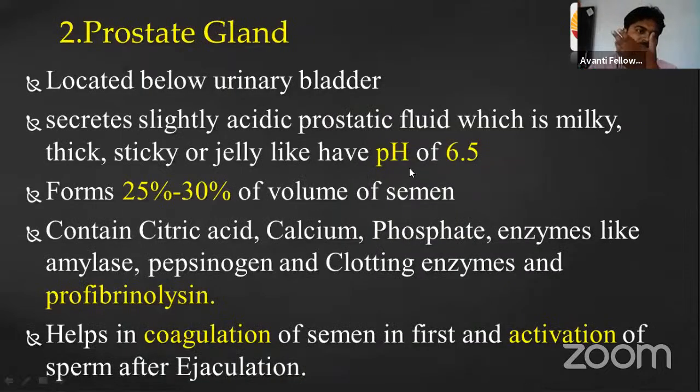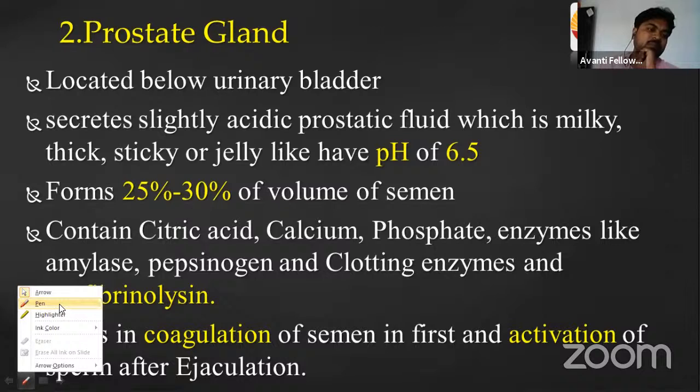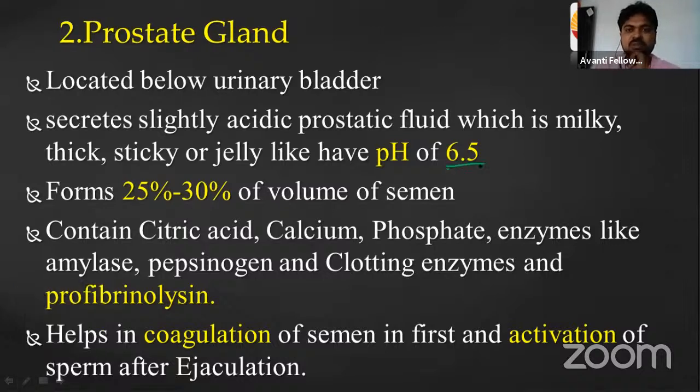Then chaliye, so it secretes slightly acidic prostatic fluid, okay, and that prostatic fluid is a milky, thick and sticky jelly-like material, and pH of this prostatic fluid is 6.5, and that's why it is acidic in nature.